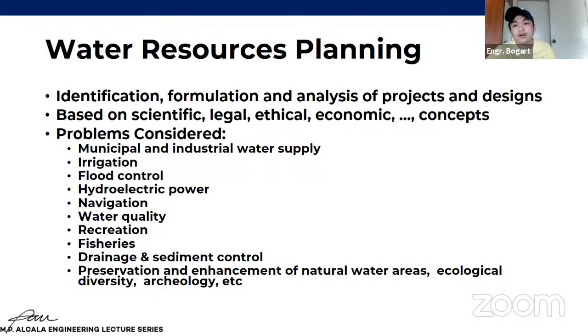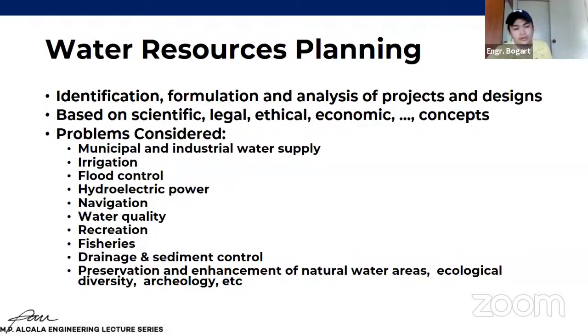So some problems that are covered in this subject, actually we have a special subject of water resources planning, a specialized course in masteral or graduate studies. So some of the problems considered: industrial water usage, irrigation. Primarily being a tropical country and about 60-70% of our land are suitable for farm, we must maximize our irrigation.